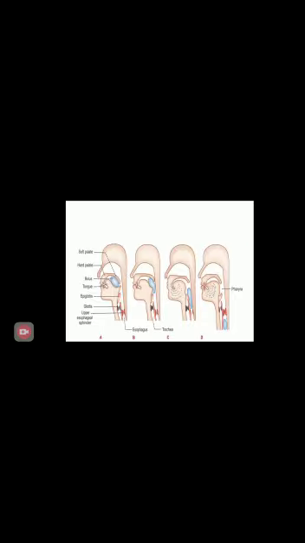Before I go to this pharyngeal phase, let me use this slide to show you how the oropharynx is in communication with the air passages, the esophagus, and the nasopharynx. Okay, this is the oropharynx, and you can see it's in communication with the nasopharynx, leading to the nasal cavity. It's also in communication with the airways.